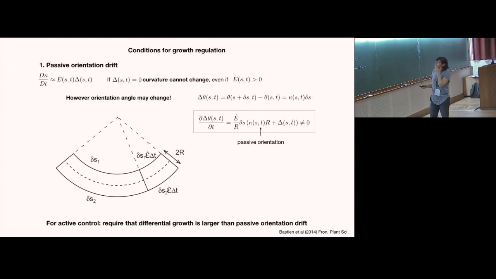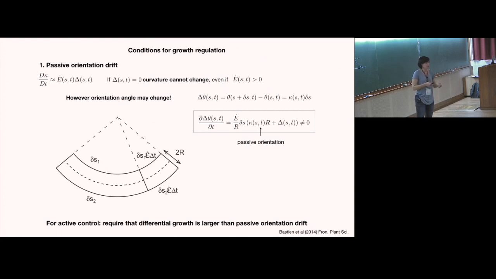And we can make a calculation for this, because now the question is, given that there is this passive orientation drift, what do I have to require from the system so that you won't be affected by it? Otherwise, the angle is drifting just because of some problem, due to something with the time scales.